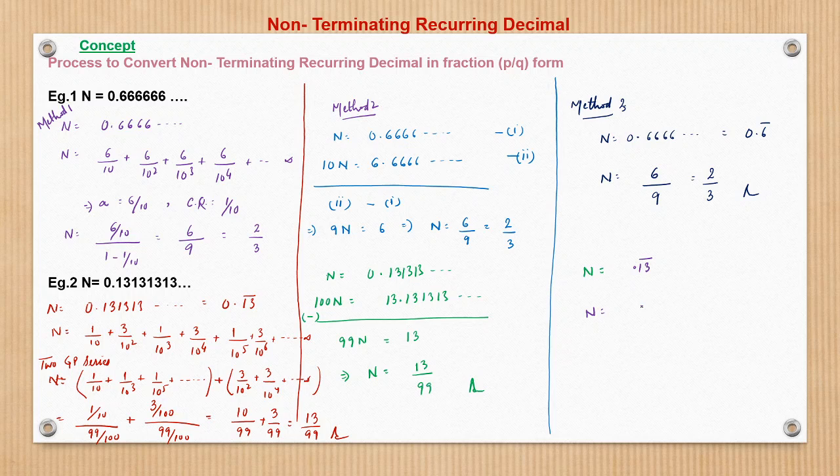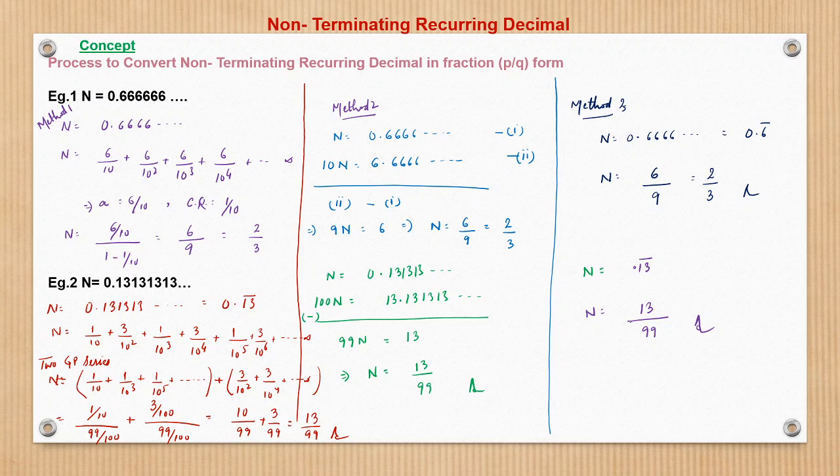The number 13 will be the numerator, and the denominator will have as many nines as the number of digits under the bar. There could be zeros also after this, but we'll see that in a later example. Anyway, we have seen this process in the previous video, but just for better understanding, I'm repeating it here. So it becomes 13 by 99, same as what we got before.